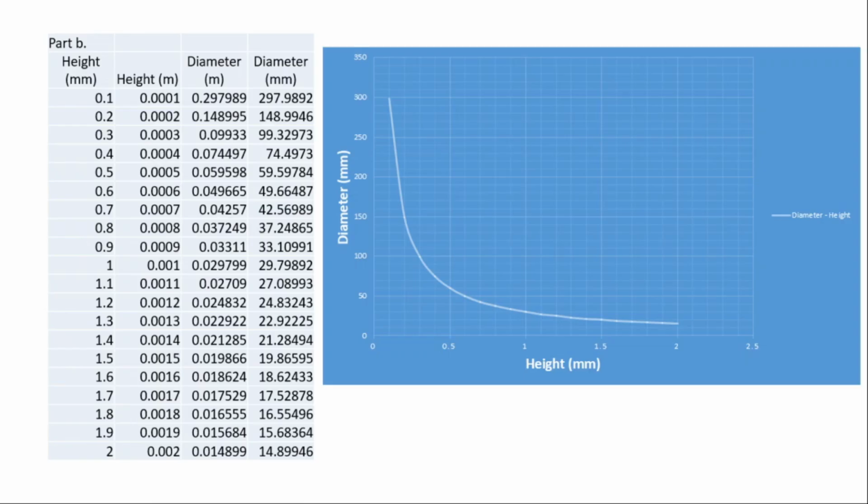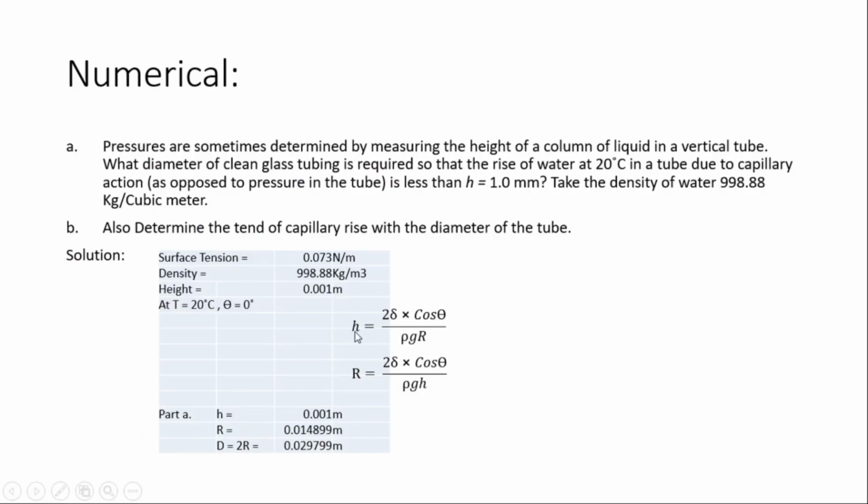In the second part, what I have done is I only use the previous relation, the lower relation, second one, in which I am varying the value of H, and I'm getting different values of R, because the value of surface tension is constant, the value of theta is constant, and the values of rho and g are both constant.